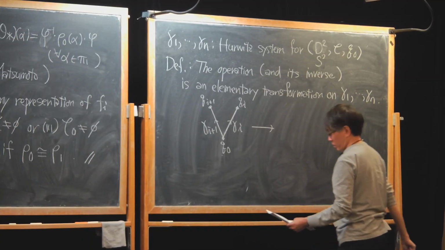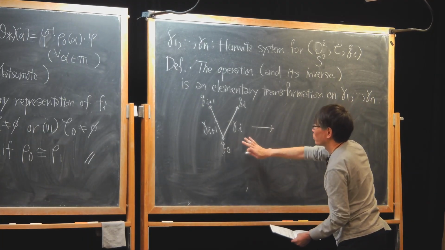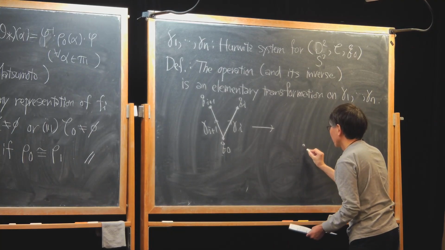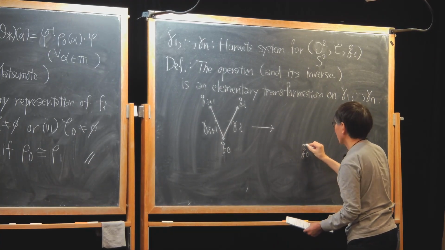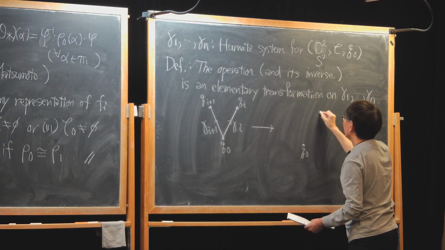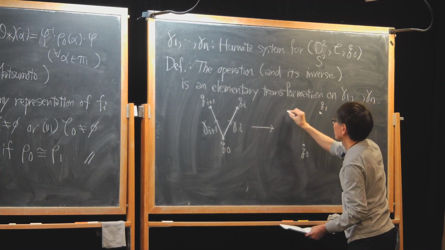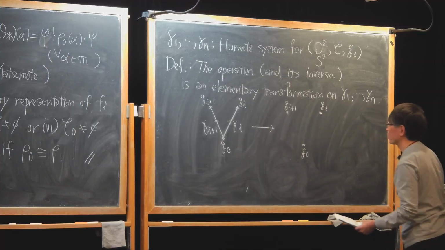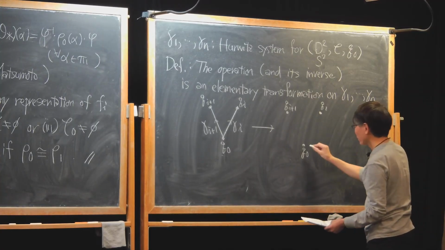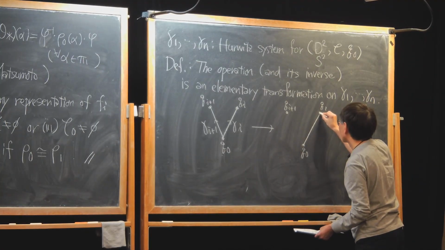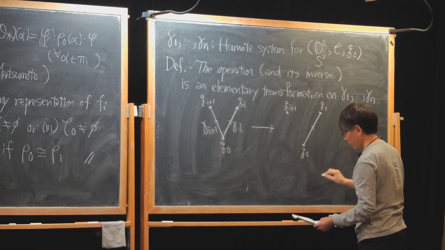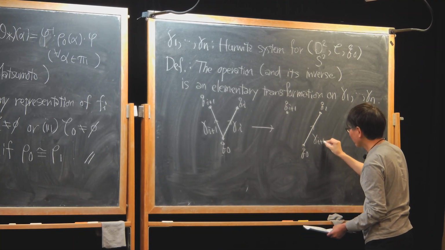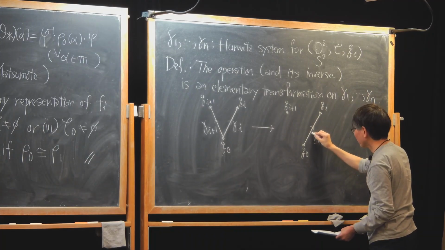Then I'd like to deform these two paths like this. So q_0, q_i and q_{i+1}: these three points are the same, but this path is new gamma_{i+1}, so gamma_{i+1} tilde.